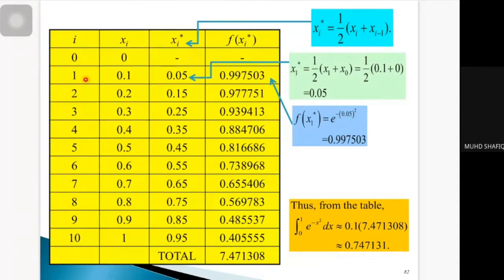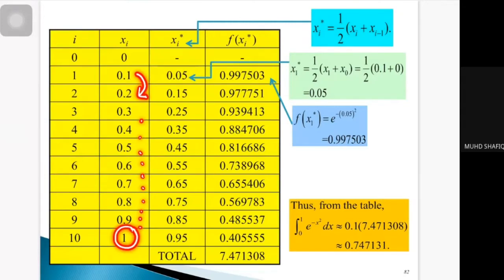For i equal to 1, the next xi will be 0.1 because you just add h each time. h is equal to 0.1. So 0 plus 0.1 we get 0.1, 0.1 plus 0.1 we get 0.2, until you get 1. You have to stop when you get 1.